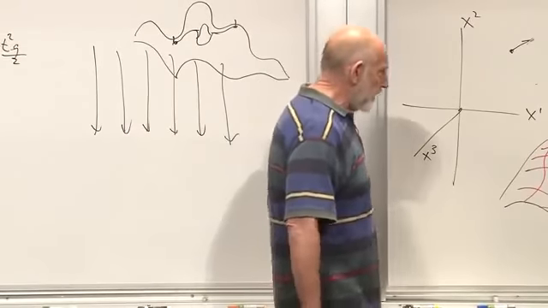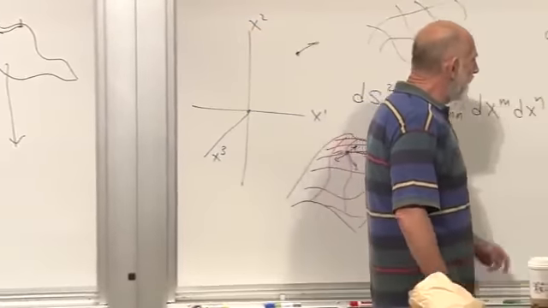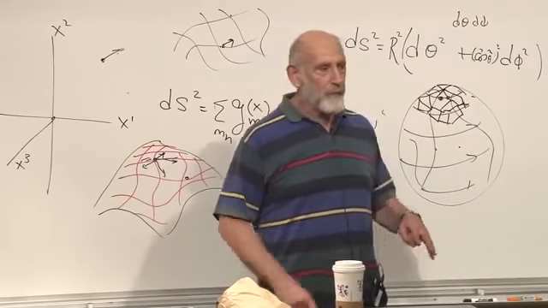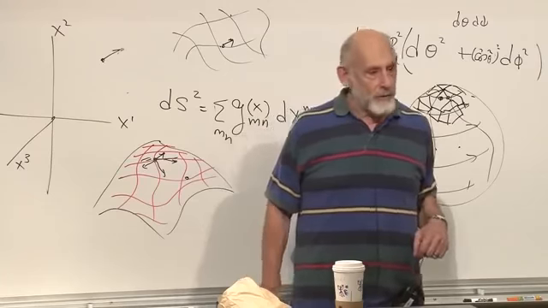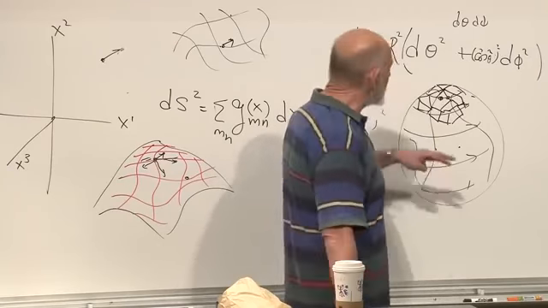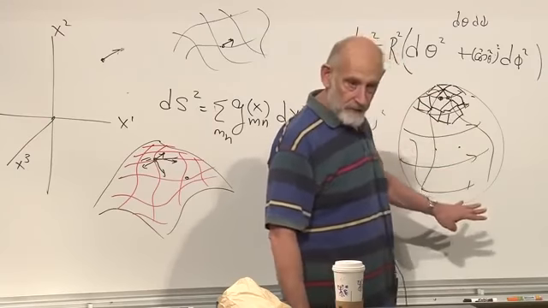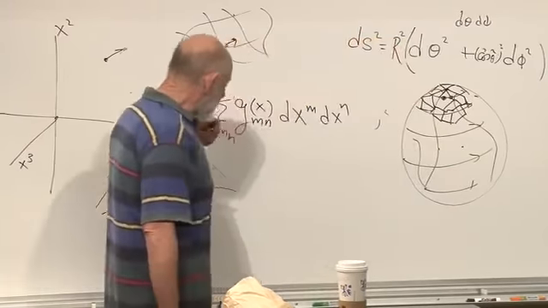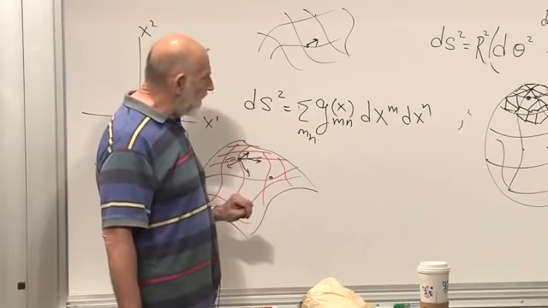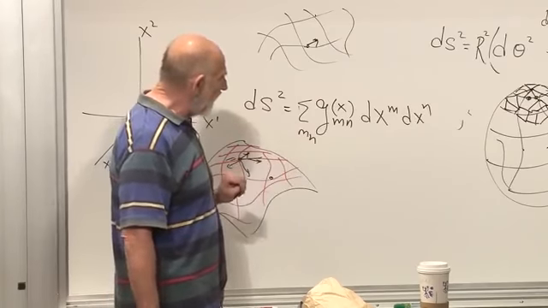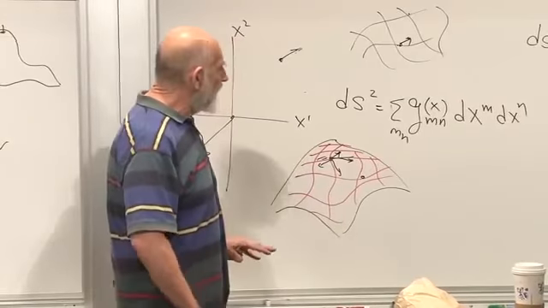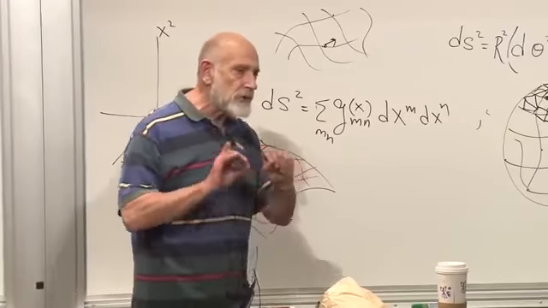So the question is, if I gave you the length of each little stick here, without building the thing, how could you tell me whether it's a flat space or an intrinsically curved space that cannot be flattened out and laid out on a flat plane? Let's say it more precisely. Given Gmn of x, which is called the metric tensor, as a function of position in some set of coordinates.